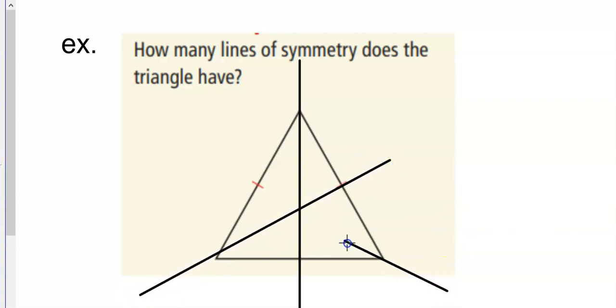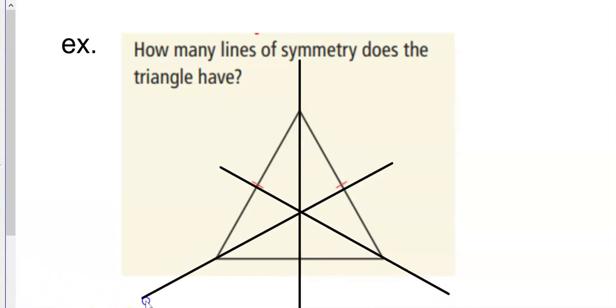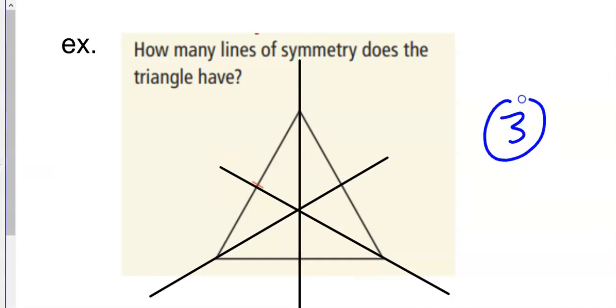I'll fix that. See if I can get this one better. That's a little off as well. Let me adjust slightly. But this would actually have 3. There we go. A little bit closer there. So it would be 3.